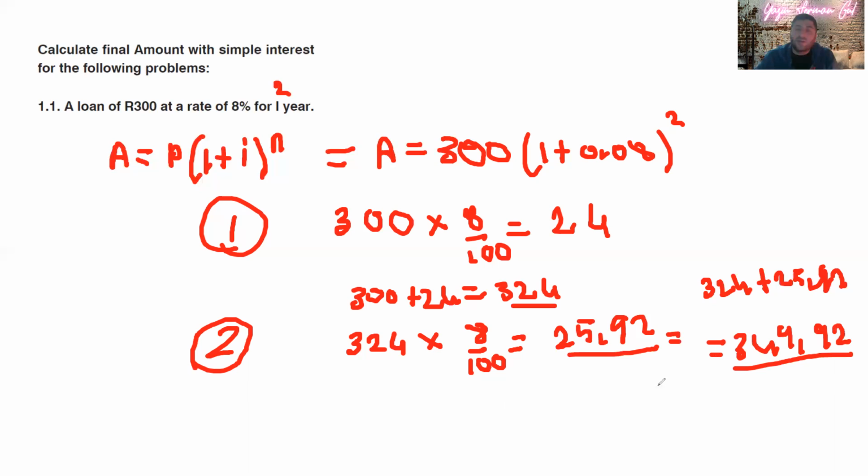If there is a third year, after the second year this is the accumulated money, 349.92. I'm going to take 8% of this, and whatever comes out of that, I'm going to add for the third year. For the fourth year, I'm going to look again at how much money is there and take 8% of that. So every year you take the interest of the accumulated amount, and this is compound interest.